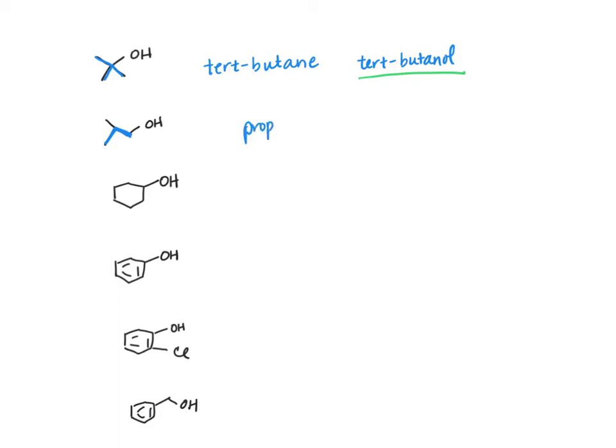So it's propane and then propanol. And the alcohol is at the 1 position, so that is implied. And what we have to add here is our methyl group. So we've got 2-methylpropanol.